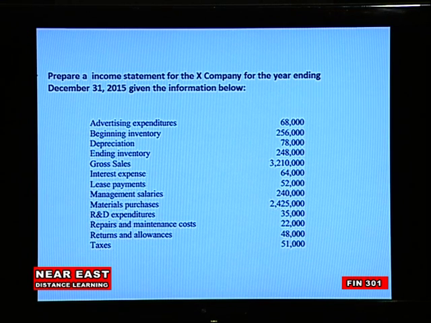How can we prepare the income statement according to this information?